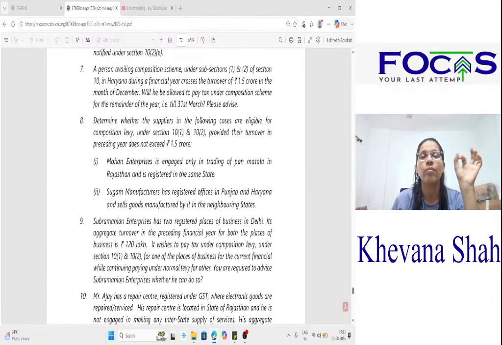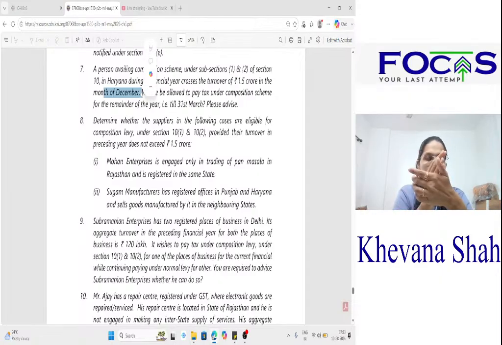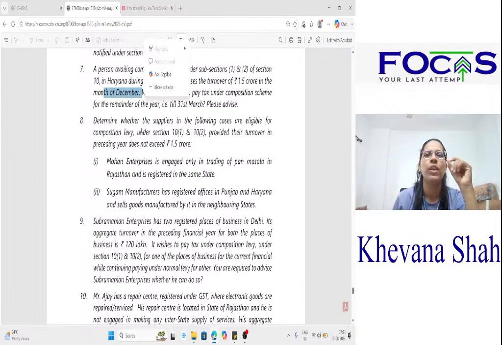A person availing composition scheme under subsections 1 and 2 of section 10 in Haryana during a financial year crosses the turnover of 1.5 crores in the month of December. So, in the month of December, the turnover of 1.5 crore is being crossed.